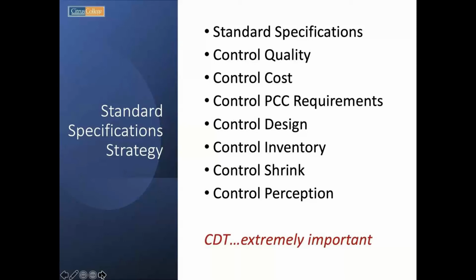And the reason we do that is, there you see on all of the bullet points: to control quality, to control cost, to control public contract code requirements, to control the design, inventory, shrink, and perception. So with that being said, I want to control the quality.